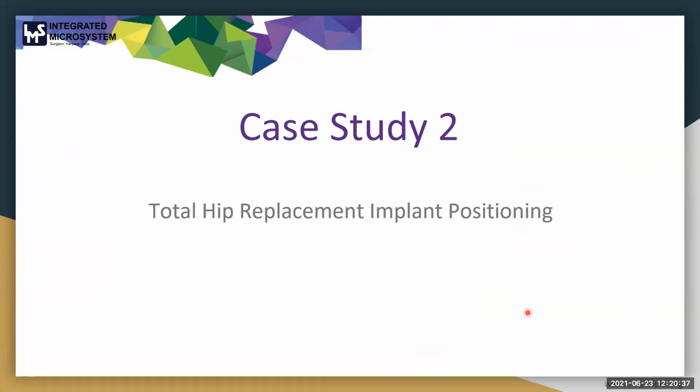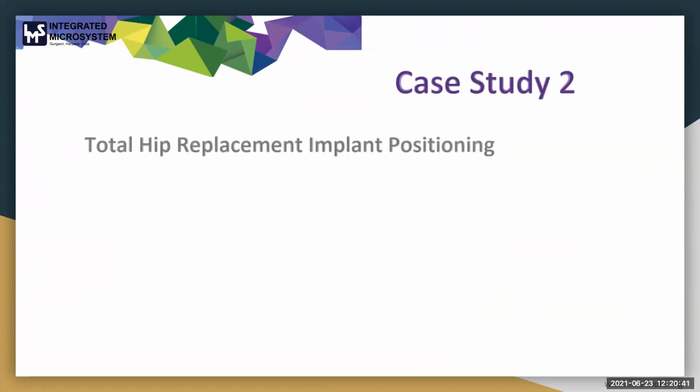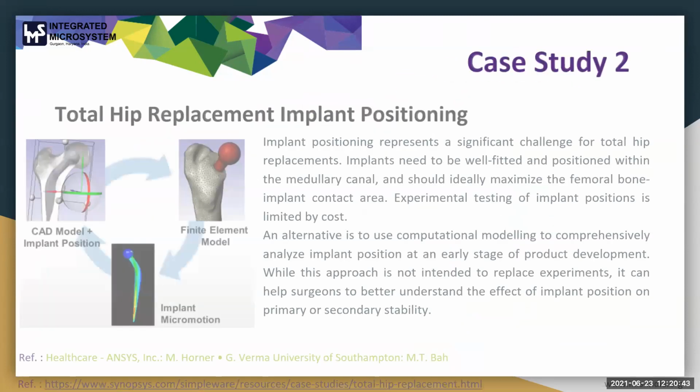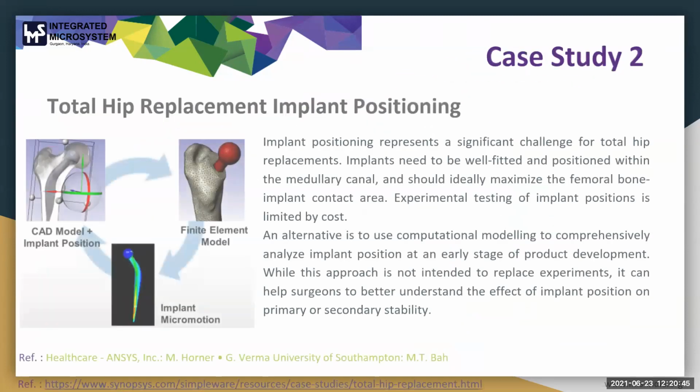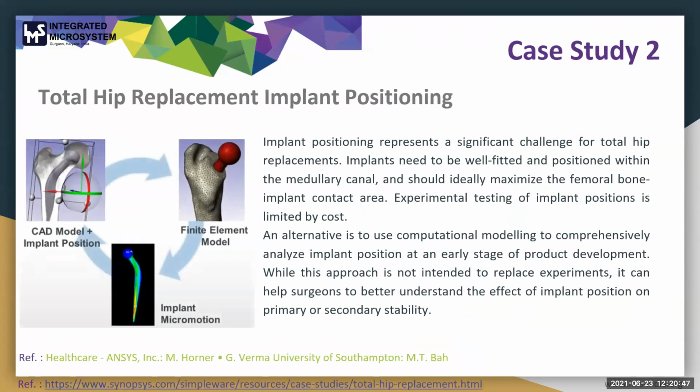So the next case study is total hip replacement implant positioning. Implant positioning is a significant challenge for total hip replacements. The position of the implant can affect the output of that surgery. The load bearing capacity also depends on the position of the implant with respect to the femur.